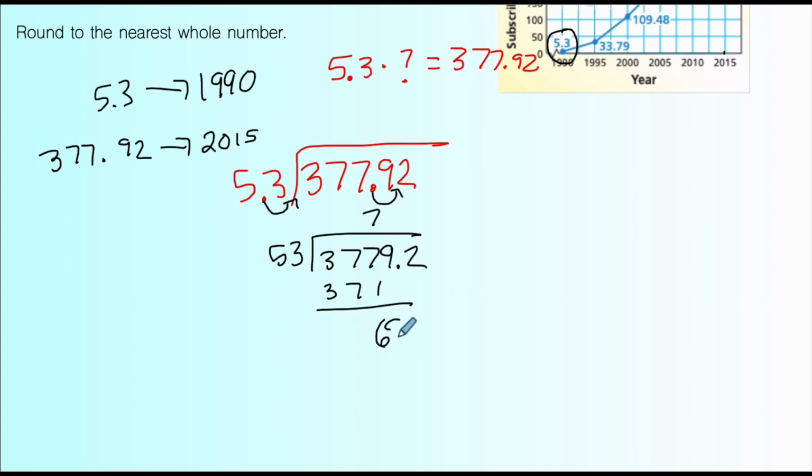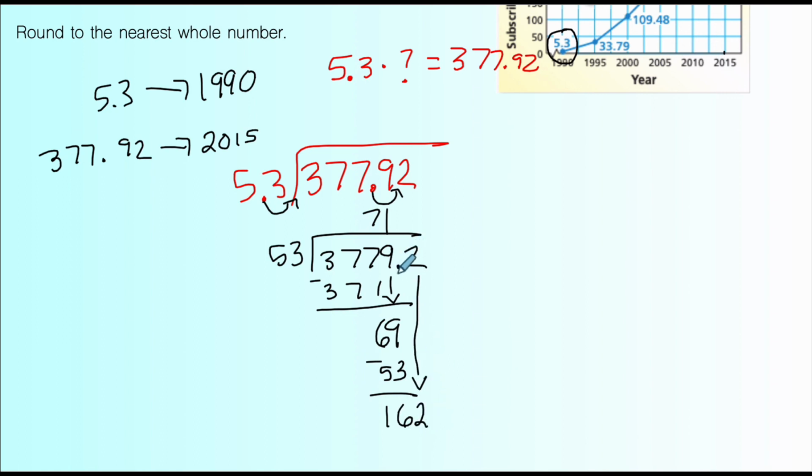Okay. So when I subtracted, I got a 6, and then I brought down the 9. So I've brought something down already. 53 can go into 69 one time. Subtract, and I get 16, and I'm going to bring down the 2.